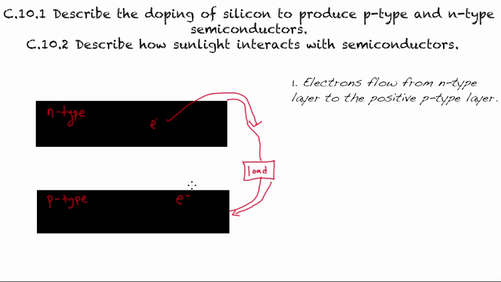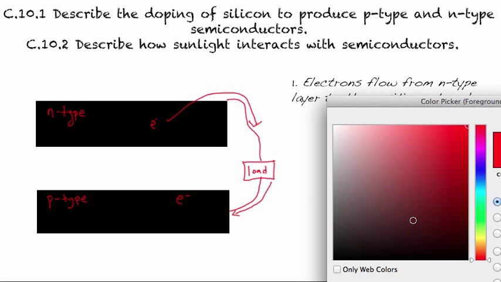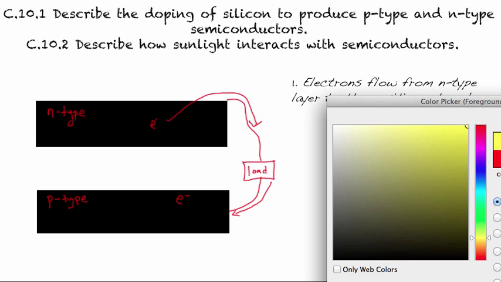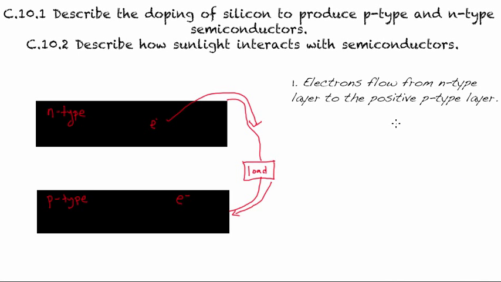Now if this were to stop at this, we wouldn't have a full circuit. We need to complete the circuit, and we also need to make sure that we don't run out of electrons. Otherwise it would imply that our solar panel would run out of energy. So this is where the amazing ingenuity comes in.